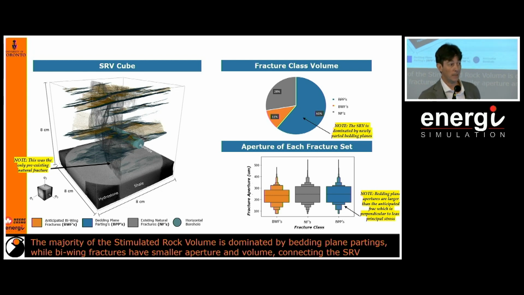And when you look at the aperture, those bedding planes were a little more open than even the hydraulic fractures. Many of you know that the transmissivity of a fracture depends on the cube of the aperture. So if they were more open, they were contributing more to the flow and the production of those areas.